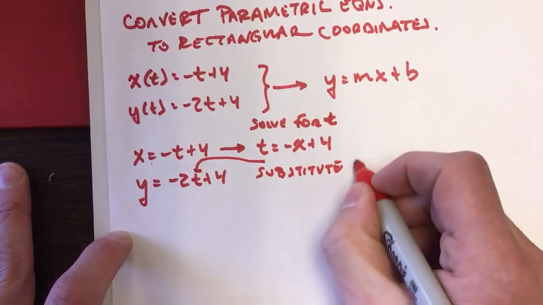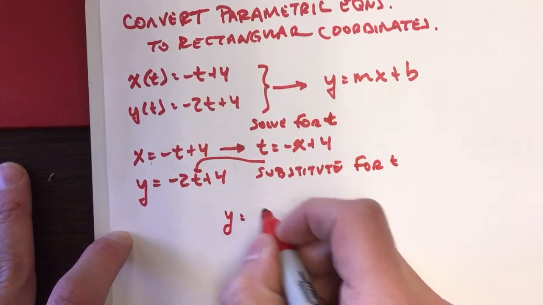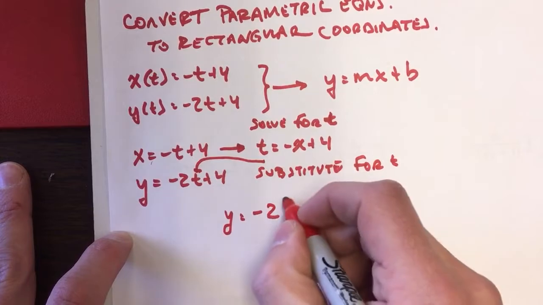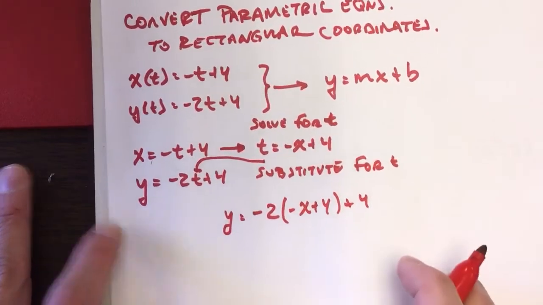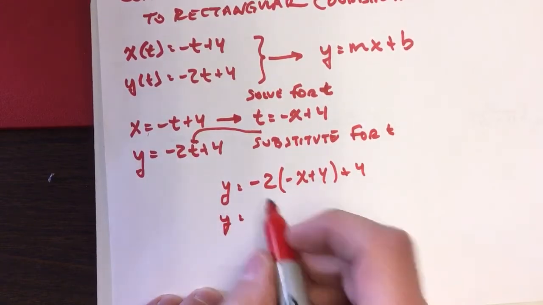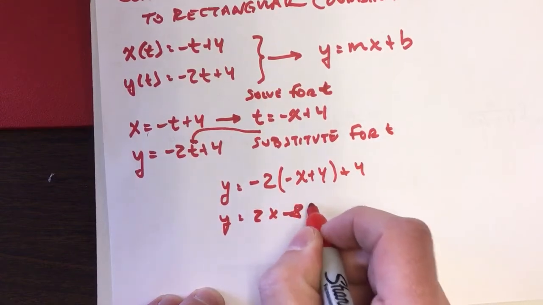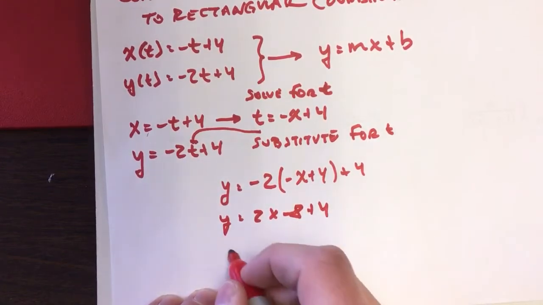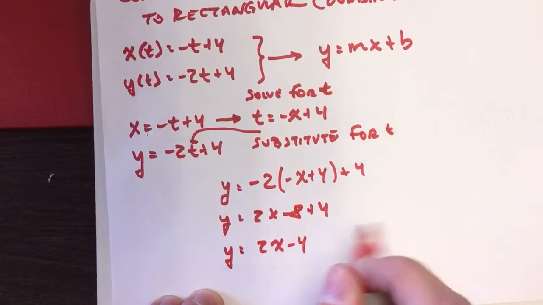And then we're going to substitute for t. Get y equals negative 2t, which is negative 2 times negative x plus 4, plus 4. Y equals, that's 2x minus 8 plus 4. That gets us y equals 2x minus 4.